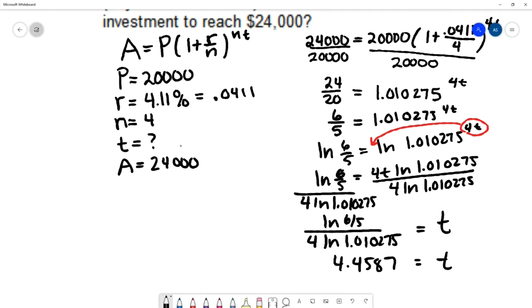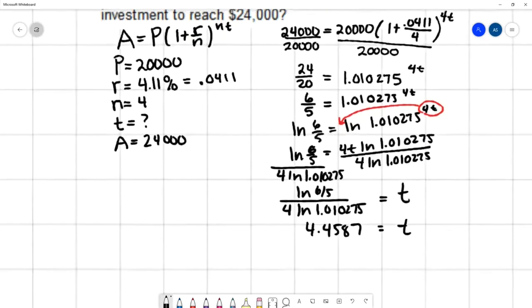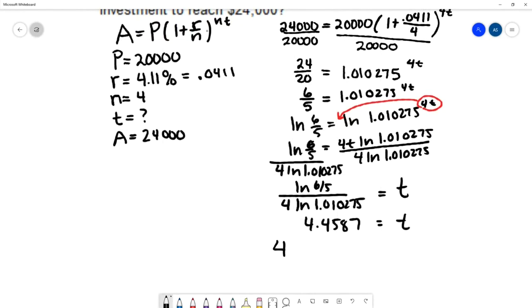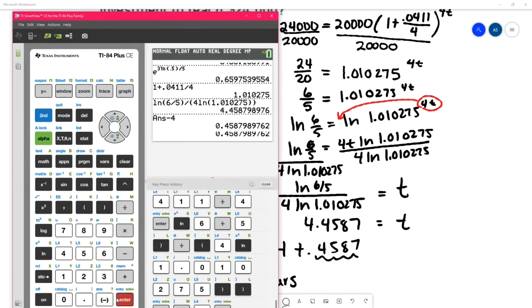And this example asks for years and months, so we're going to break this apart into the 4 years plus the 0.4587. So this represents the years, 4 years. And we need to figure out the months. So let's take out the 4 years.